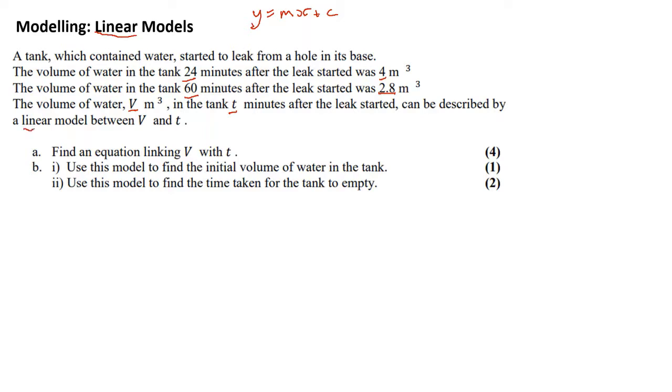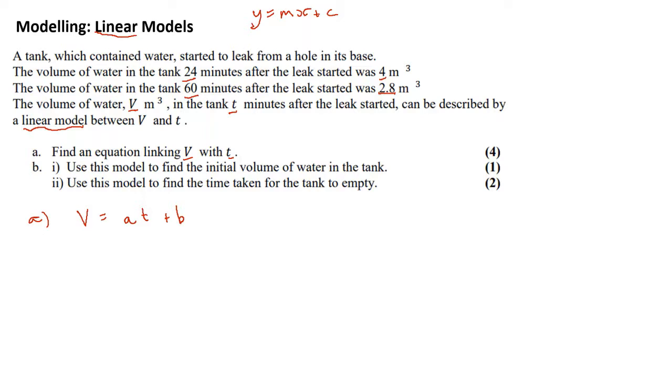Because it's being described as a linear model, we can model it using this y equals mx plus c formula. However, rather than having x and y, we've got V and T. For part A, my formula is going to be V equals aT plus b. I've chosen a and b reasonably arbitrarily.